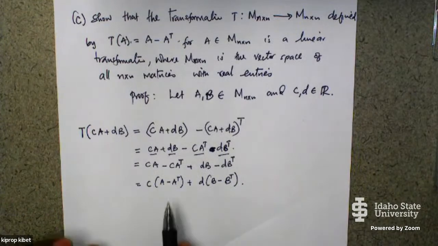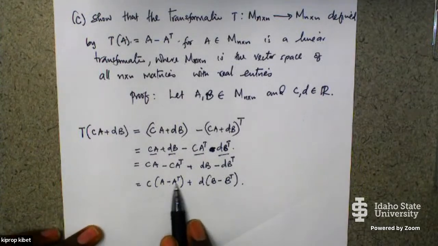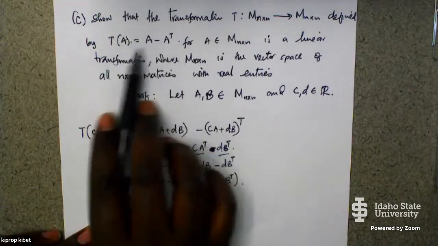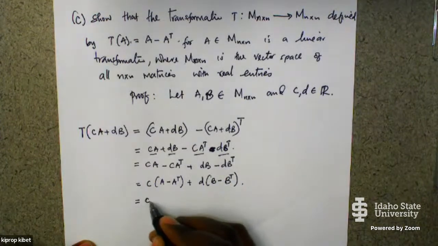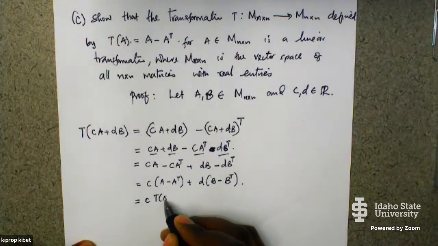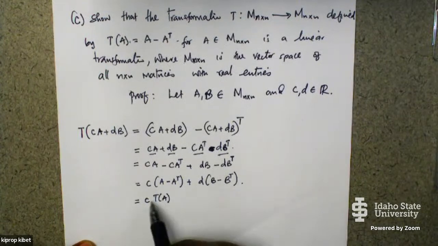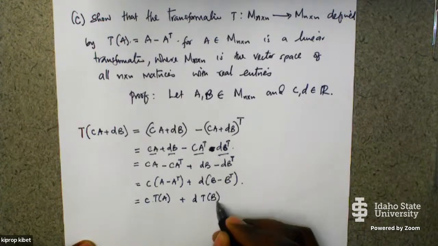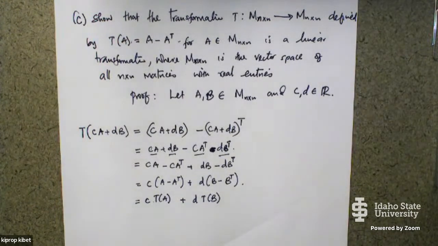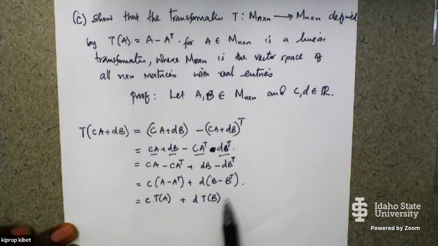Then what was A minus A transpose? A minus A transpose is T of A. So it is the same as C T of A, and similarly plus D T of B. So it shows that these can be distributed like this.